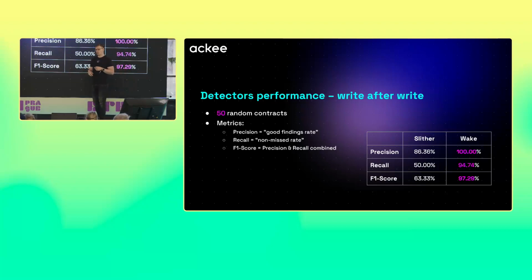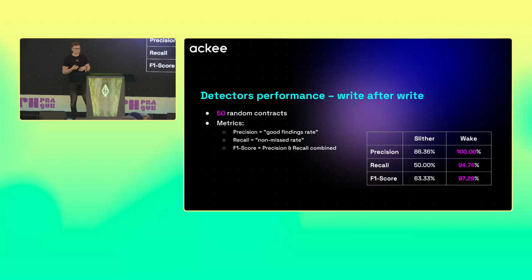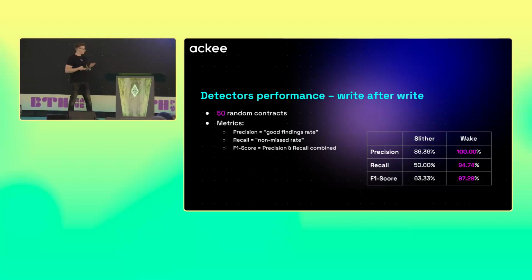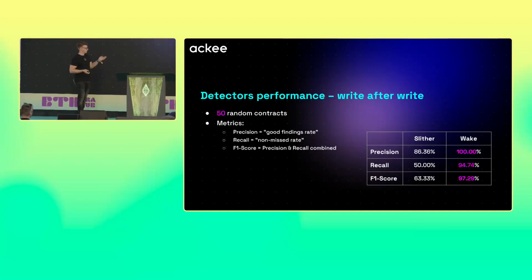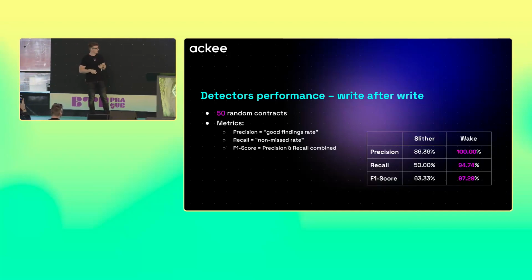And finally, there's the F1 score, which is basically a combination of these two. So it's a harmonic mean between recall and precision. And I believe the table just says it for itself. The detector is very, very good. And it's also one we are glad to use in our auditing process.